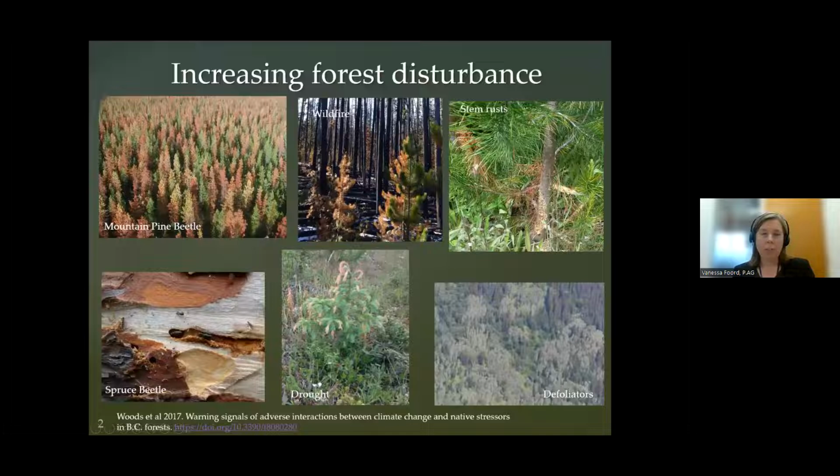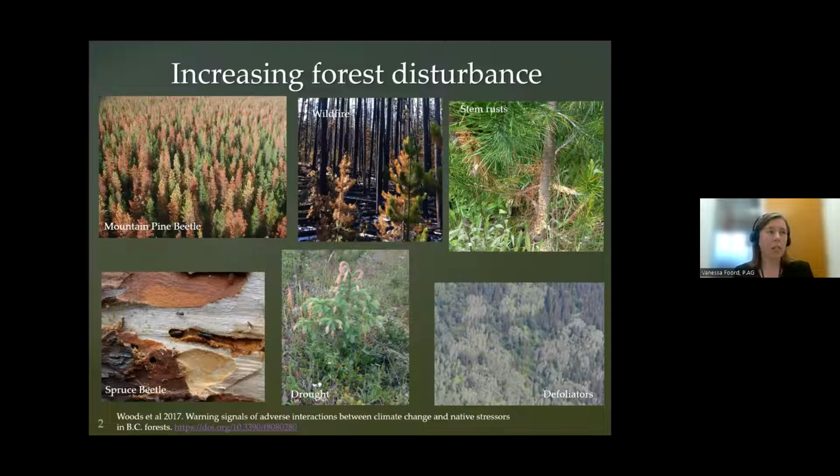So the bulk of the problems that I deal with as a research climatologist for the British Columbia Ministry of Forests is that we're seeing increasing forest disturbances across the province. We saw 18 million hectares impacted by the mountain pine beetle, which resulted in a huge loss of timber, as well as the record-breaking wildfire years of 2017, 2018, and 2021, with over 3.4 million hectares burned.